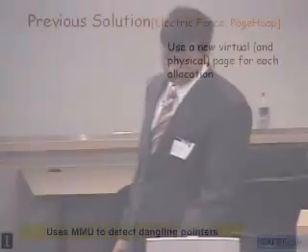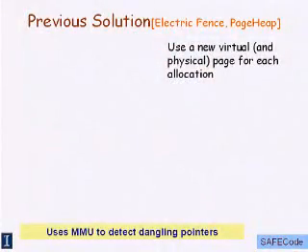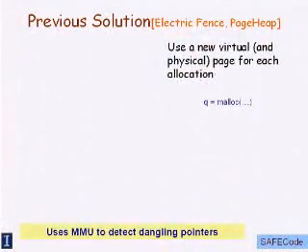There is one previous solution which is actually used by Electric Fence on Unix, and PageHeap on Windows also does this, which is to use the memory management unit to detect dangling pointers. The way this works is simple. We're going to use a new virtual and physical page for each allocation of the program.